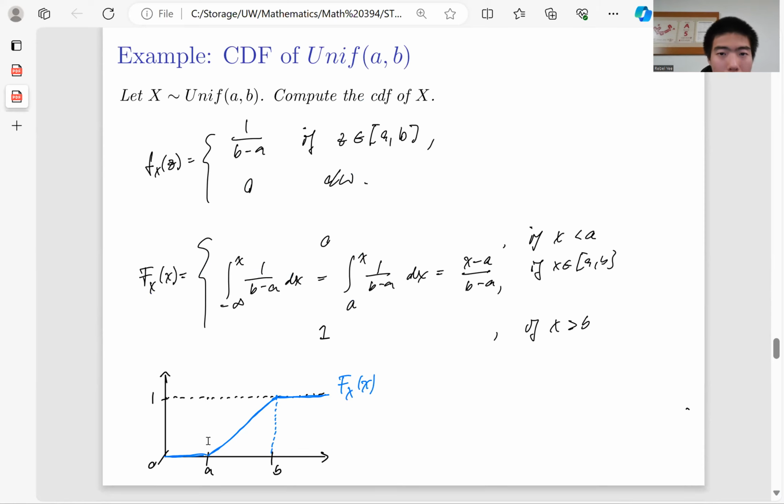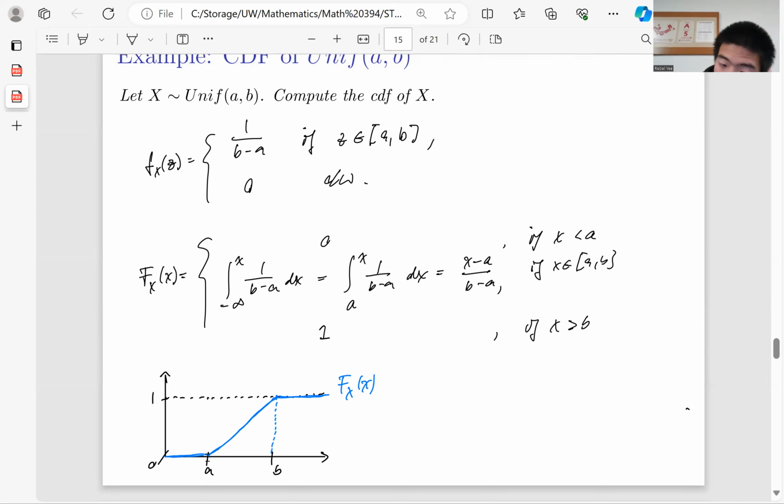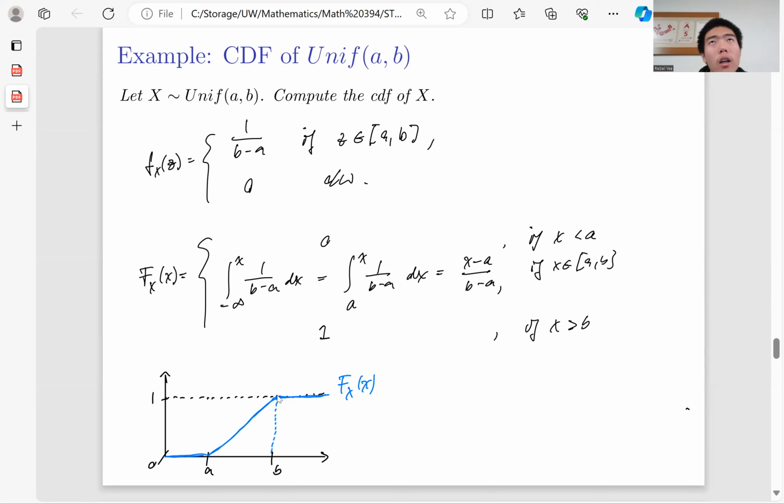Imagine this is a uniform distribution. The PDF is a straight line, right? And the CDF is like this: when you are at a, there's no value yet, so it's 0. But after b, all of the cases are accumulated, so all of the cases are already accumulated in the probability calculation.